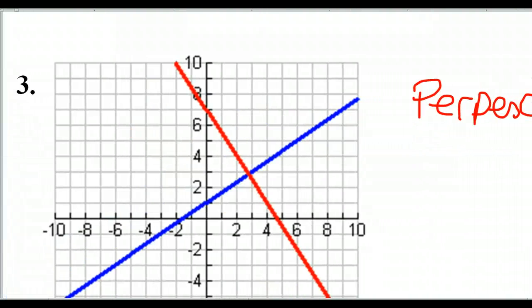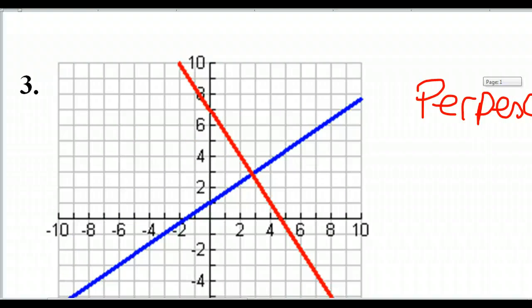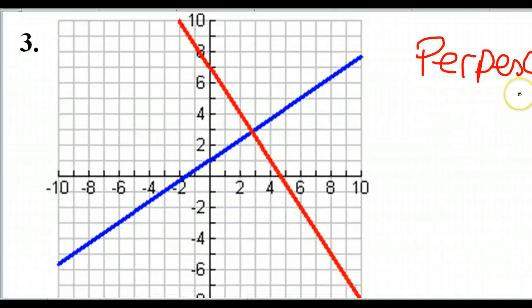Okay, so number 3. Alright, these blue points are the points that I see where the red line meets evenly at the grid lines. How about the blue? Okay, so these are the points where the blue line seems to hit evenly at grid lines.